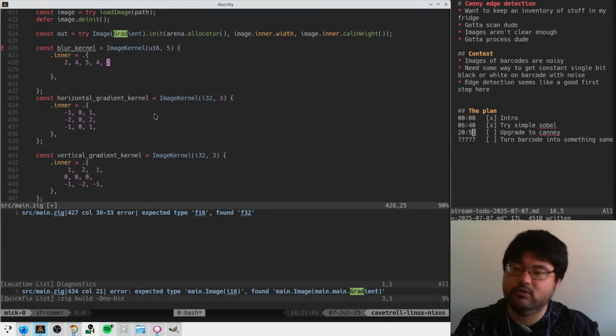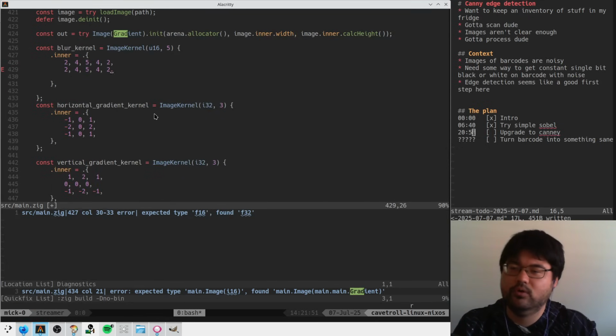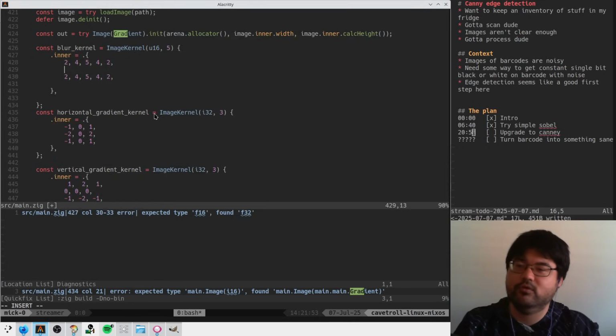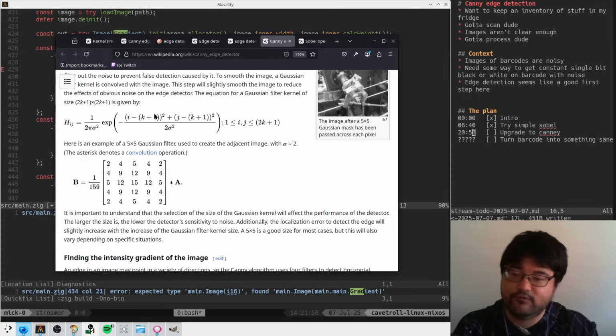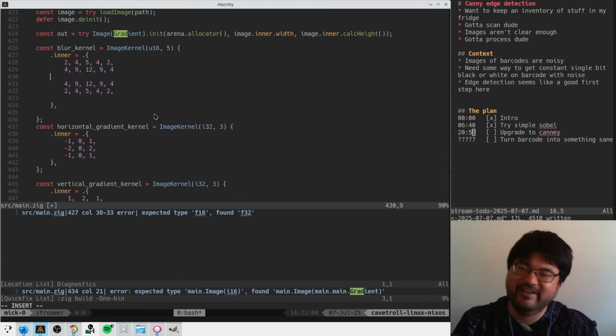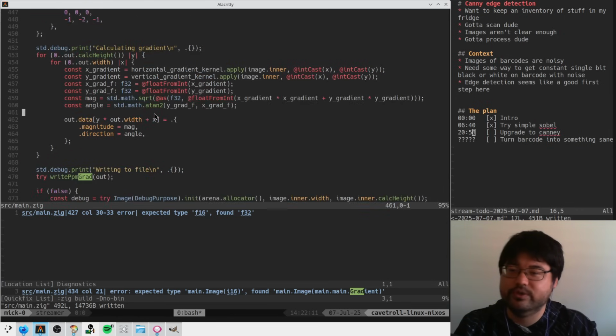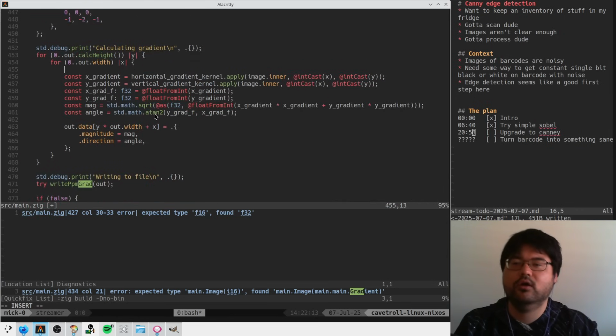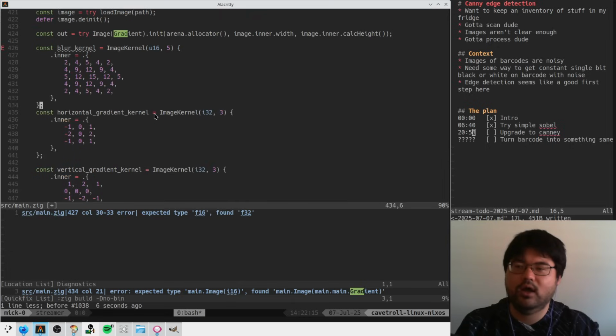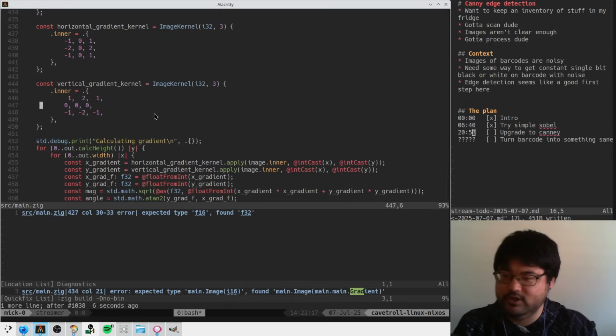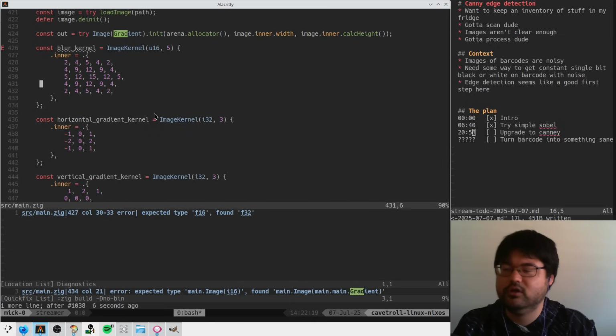I assume this is mirrored on the bottom. 4, 9, 12, 9, 4. And then 5, 12, 15, 12, 5. We could probably calculate this, but I don't really care right now. Okay. So we start by... I guess we need to blur the whole image first.